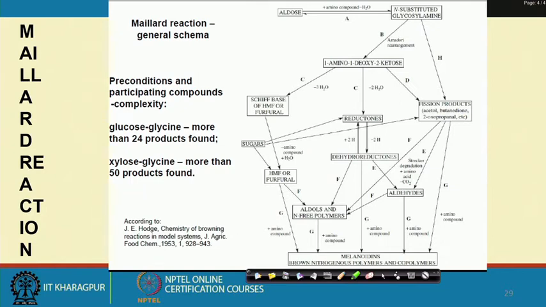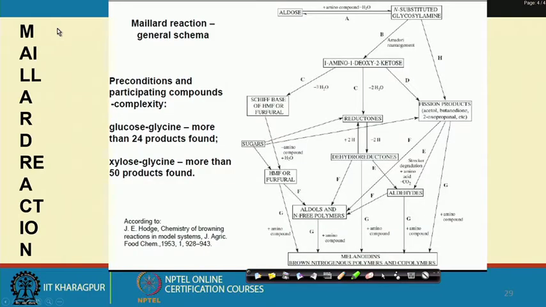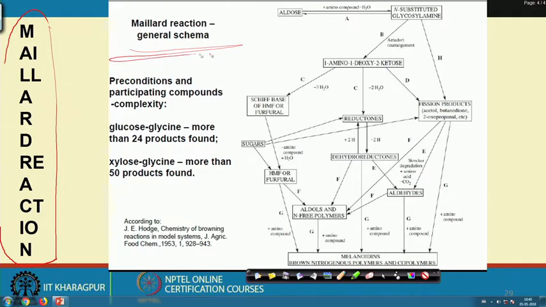If we look at this Maillard reaction, I had written it in vertical form. This is a general scheme, developed in the early 50s.